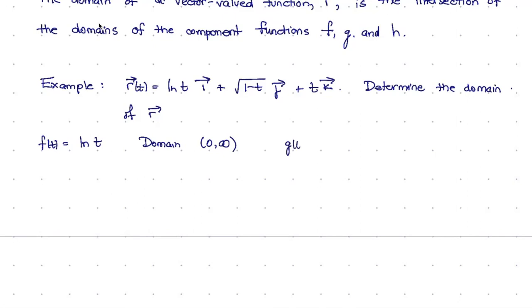For g of t, the square root of 1 minus t, the domain is the set of all t less than or equal to 1, because then the function will be defined. If t is greater than 1, we will have negative values inside of the square root. And likewise for h of t, since we're considering the function t, the domain is clearly negative infinity to infinity.